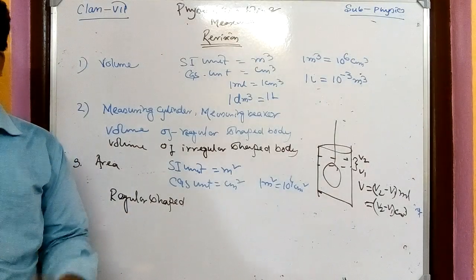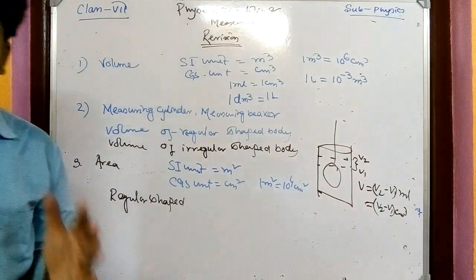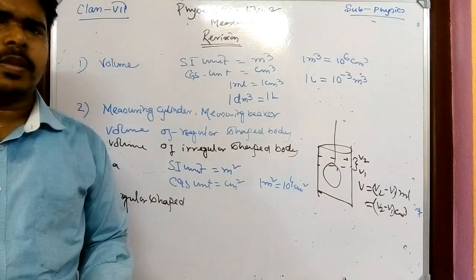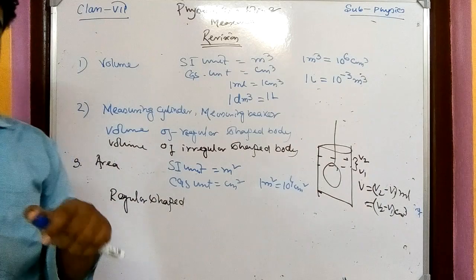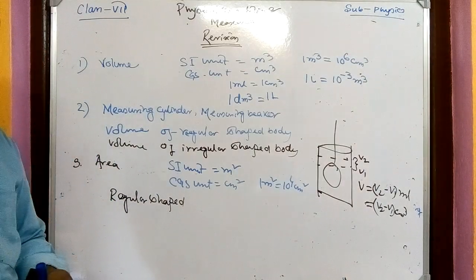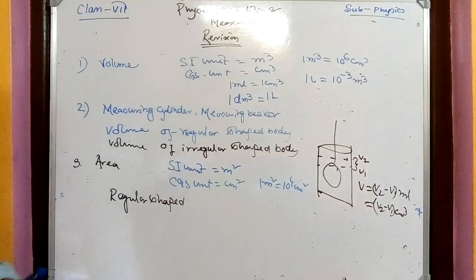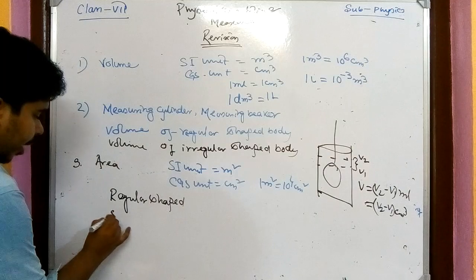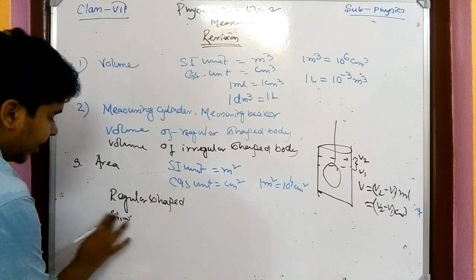Area of a sphere is 4 pi r square. And I think up to this only we have discussed. So these equations are very important. Go through that equation, write it in your copy, and you have to remember this.